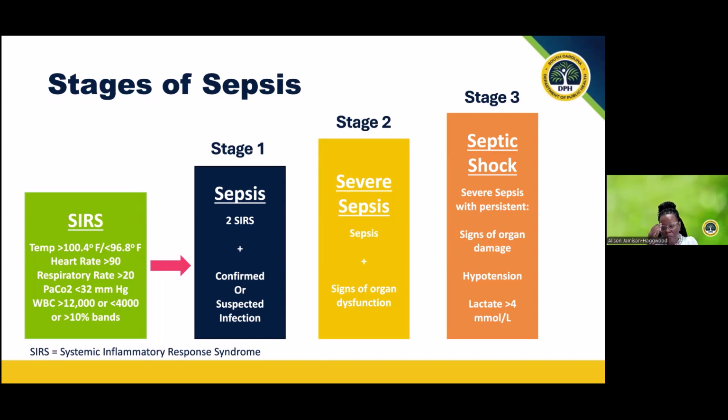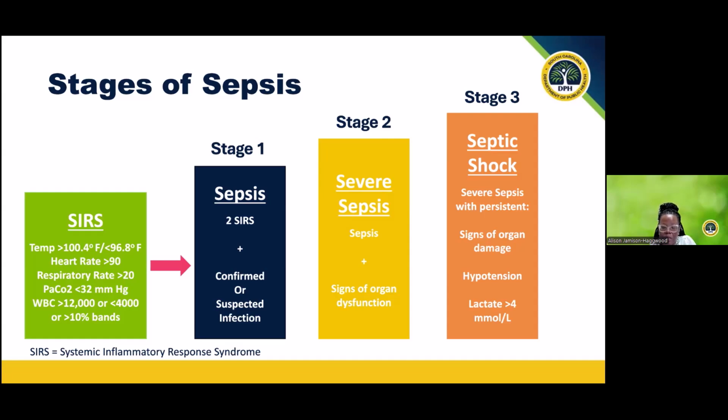With the bands, as you know, those are immature neutrophils. And we know that neutrophils are a type of WBC, or white blood cell, that plays a crucial role in the body's immune system. It acts as the first line of defense against infections and injuries.